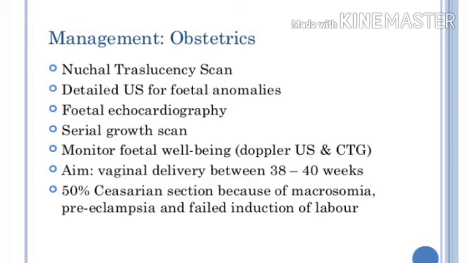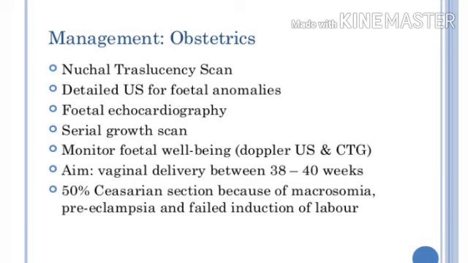And the aim is to carry out the vaginal delivery between 38 to 40 weeks, even though 50% of cases need cesarean because of increased weight of the fetus due to macrosomia. Aim of management is to prevent the complications of gestational diabetes mellitus.